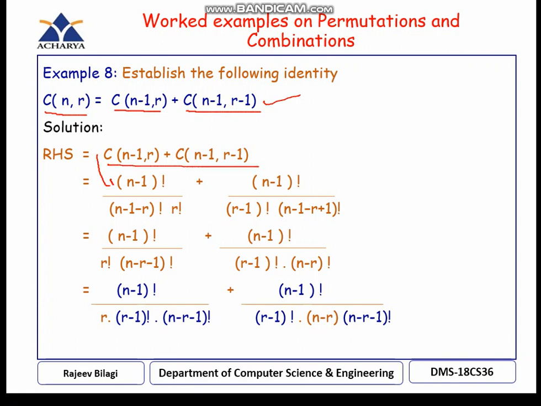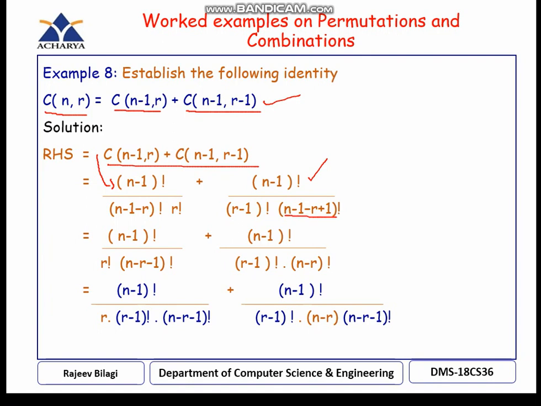I will get (n minus 1) factorial divided by (n minus 1 minus r) factorial into r factorial, plus (n minus 1) factorial divided by (r minus 1) factorial into (n minus r) factorial, that is (n minus 1 minus r plus 1).